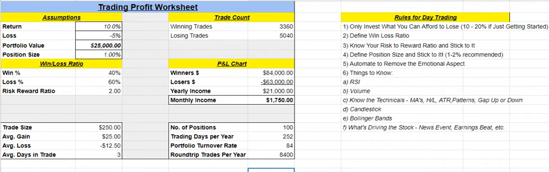The biggest things are having that win-loss ratio, knowing you're not always going to know exactly, but setting a predetermined goal, say you're going to aim to win 30 to 40% of your trades, and then having a defined profit and loss exit, and then proper position sizing. So again, I recommend no more than 1%, maybe 2%, but I wouldn't do any more than that.